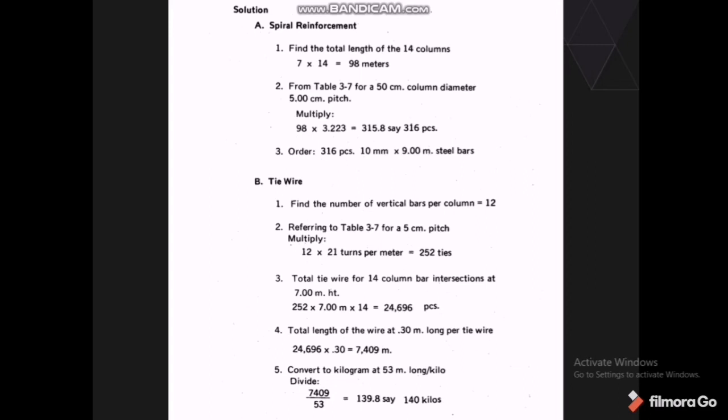The total length of the wire at 0.30 meter long per tie wire is to multiply the total tie wire by 0.30, that is 7,409 meters. Convert to kilograms at 53 meters per kilo: divide 7,409 by 53, and that is 140 kilos.